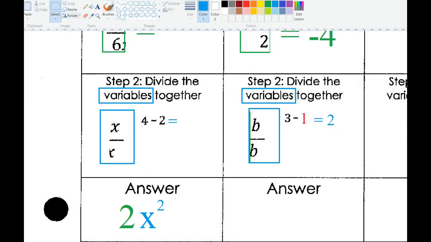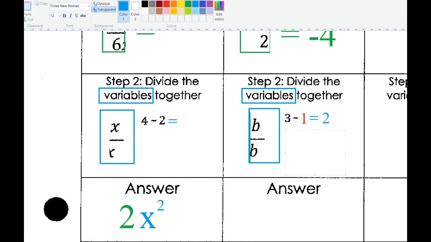This is a shortcut. If you don't understand a shortcut, don't do this method. Do the long way if that's what you understand. If you fully understand the long way and you can visualize what's going on, then feel comfortable to use a shortcut.